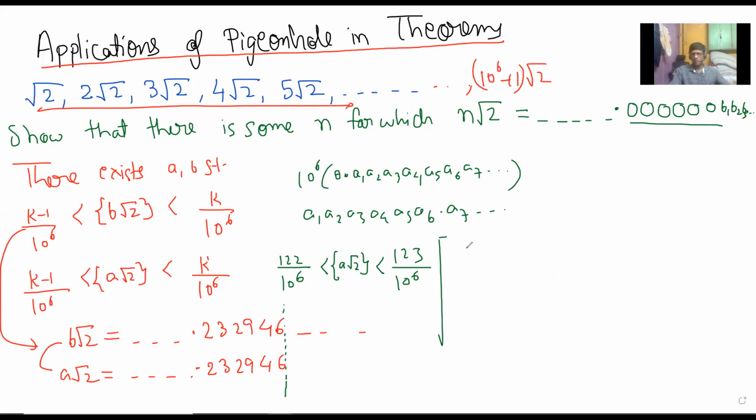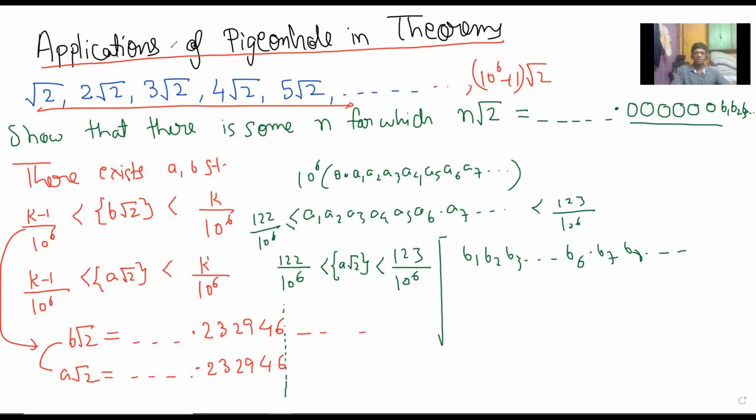For b, what will happen is you will get b1, b2, b3 till b6, and then b7, b8, dot dot dot. Both these things are between, let's say, 123 and 122, and maybe one side can be equal.